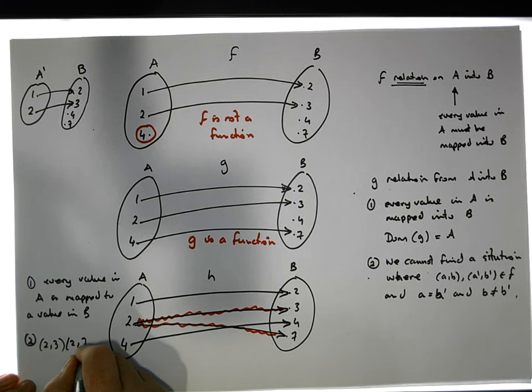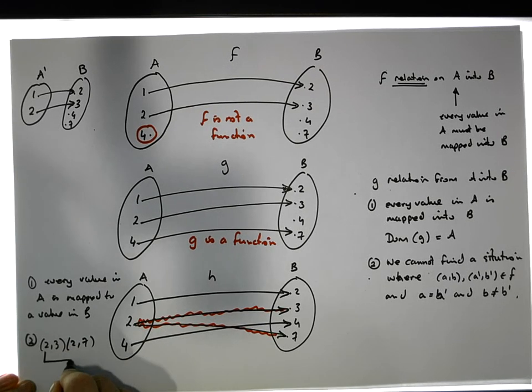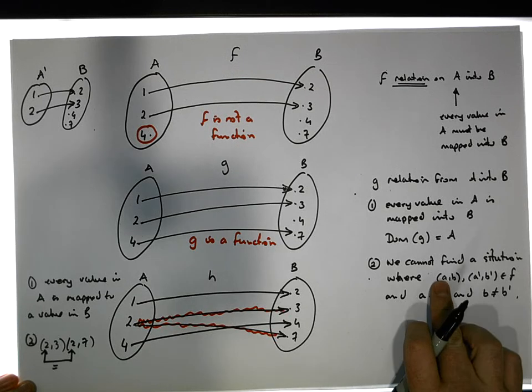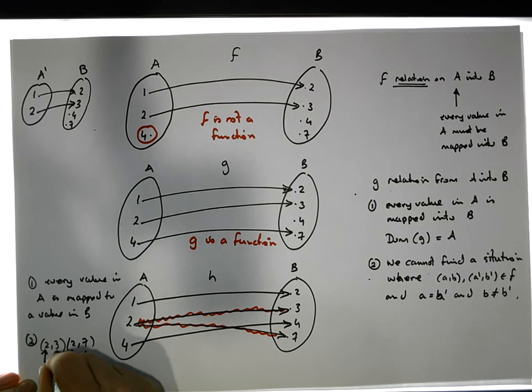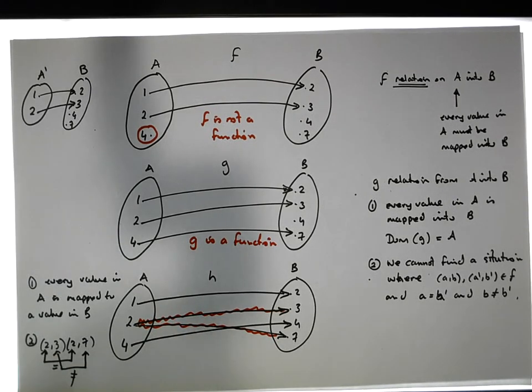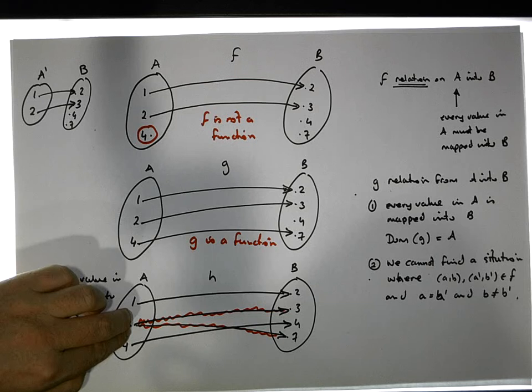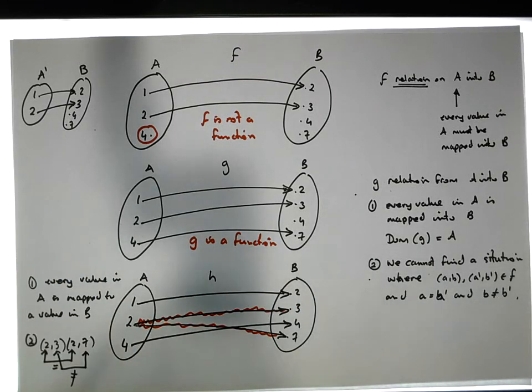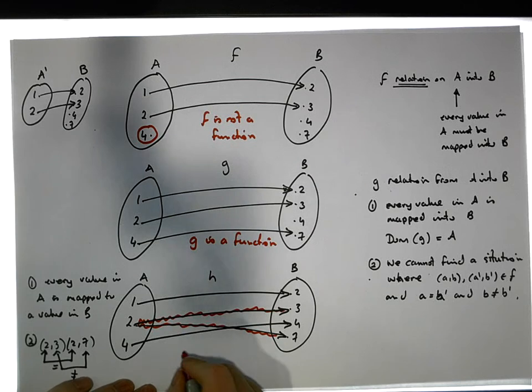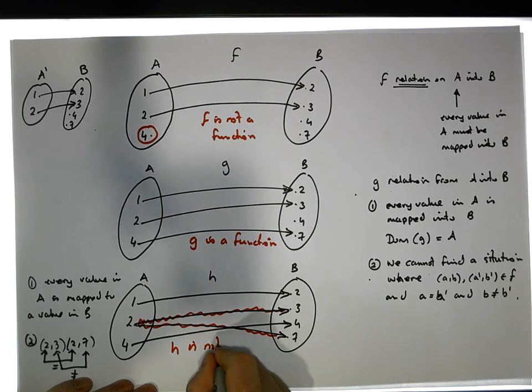So these two first values are equal, so we have A equal to A prime. But these two second values are not equal. So we have a double arrow leaving a single domain value. So in this case, H is not a function.